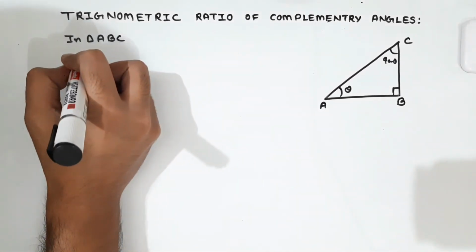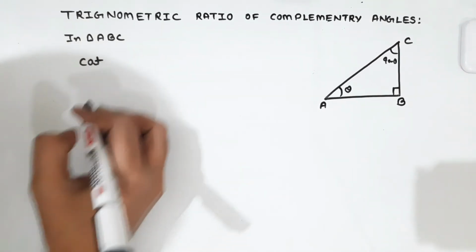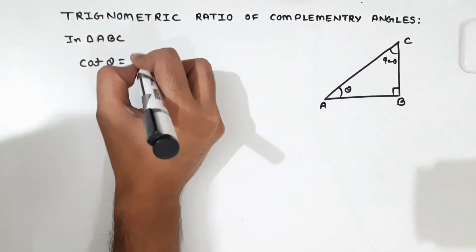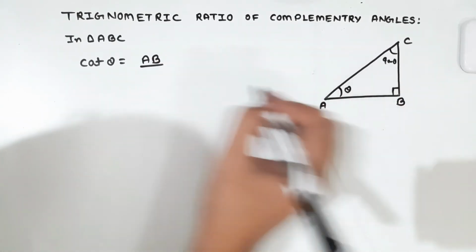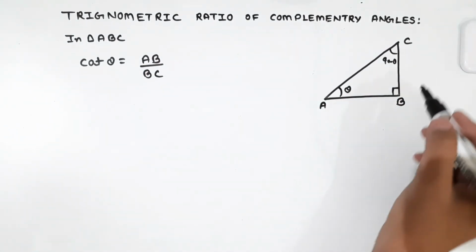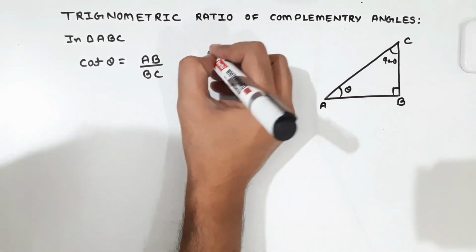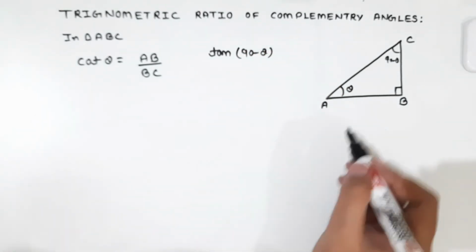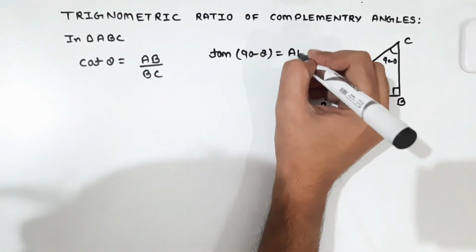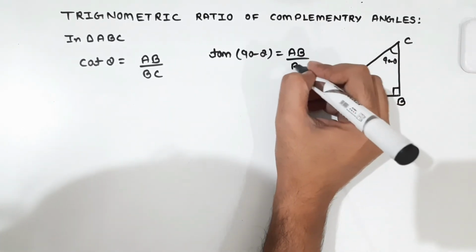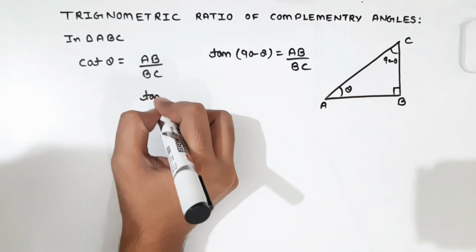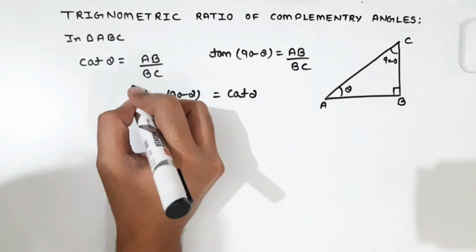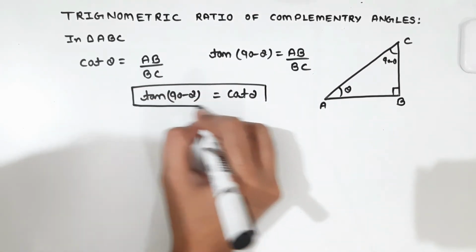Now cot of angle theta will be equals to base, that is AB, upon perpendicular, that is BC. Now tan of angle 90 minus theta will be equals to perpendicular, that is AB, upon base, that is BC. So from here we can say tan 90 minus theta will be equals to cot theta. This is our fourth conclusion.